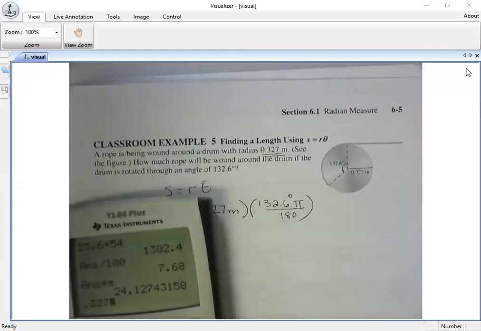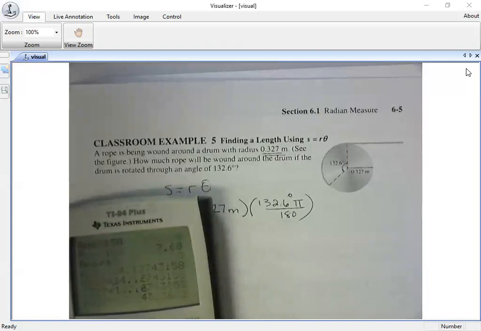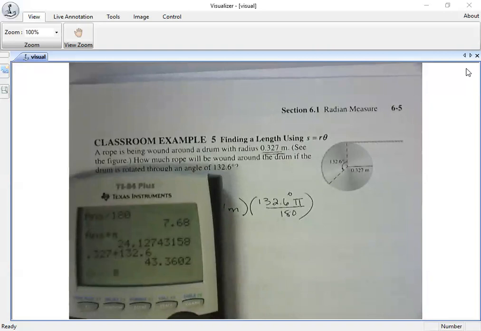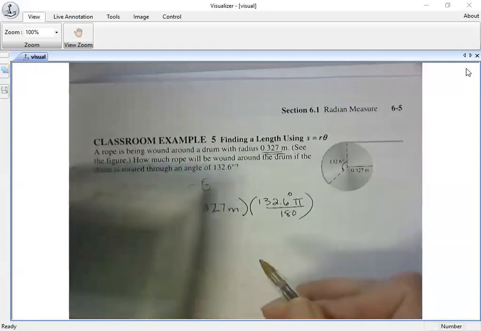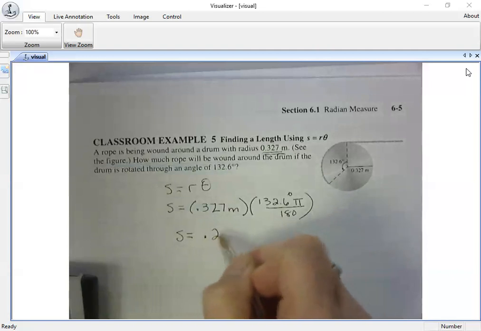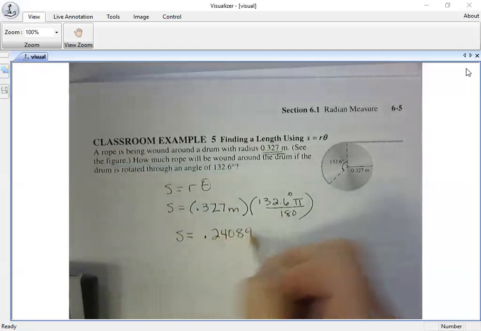You guys got it yet? Are you getting something that looks like that? Yes. Excellent. But it needs a pi with it, doesn't it? So that would be 0.24089 pi. And what's my unit?